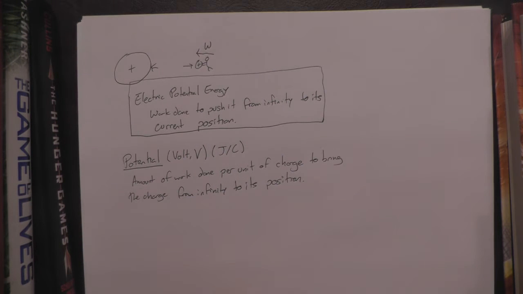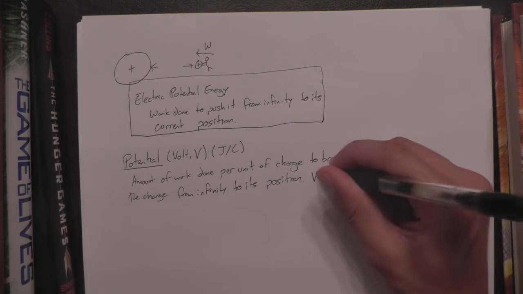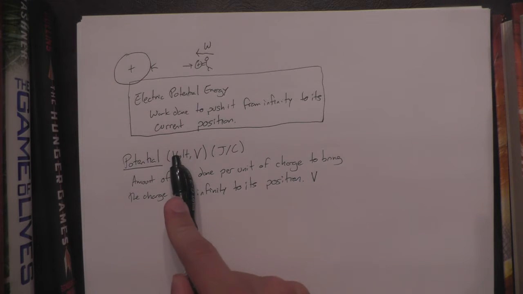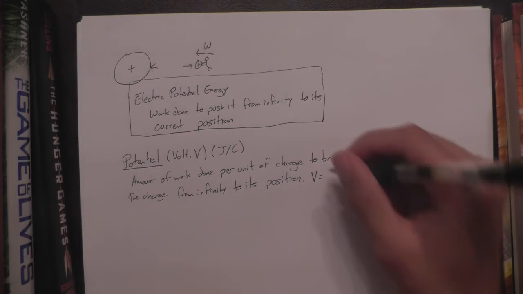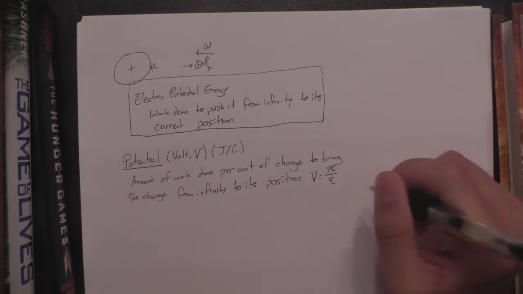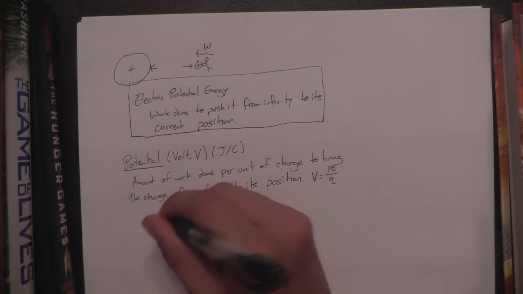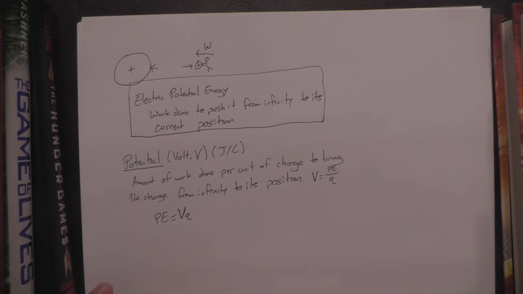It's joules per coulomb, which means that the formula for our dear potential, or V, as we often symbolize it, yes, we symbolize potential with V, and the volt is also V, just makes things convenient, would be the electric potential energy over charge. So therefore, we can calculate our electrical potential energy using the potential times the charge.